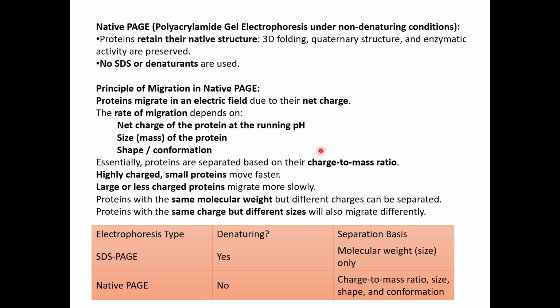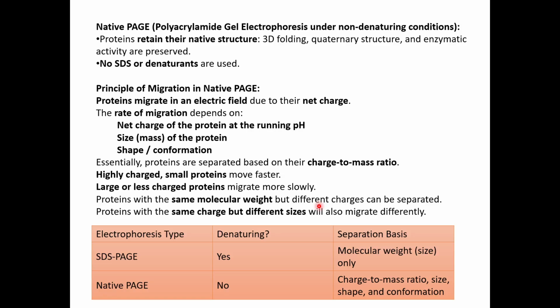whereas in case of SDS PAGE, the charge to mass ratio is usually constant because of the addition of denaturants, which will neutralize the charge based bias. Then, in case of native PAGE, highly charged small proteins move faster, large or less charged proteins migrate more slowly. Proteins with the same molecular weight but different charges can be separated.